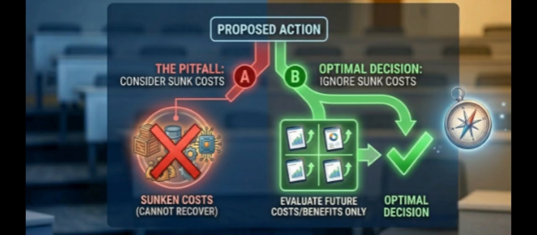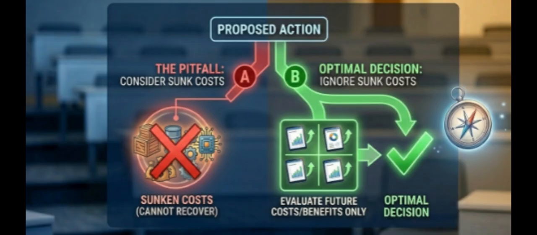This is visualized by comparing two paths, as you can see in the exhibit. The pitfall, which is the sunk cost path in red, points to icons representing previously acquired resources with a large red X over them, indicating the incorrect decision rule.